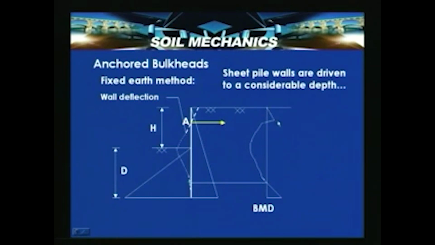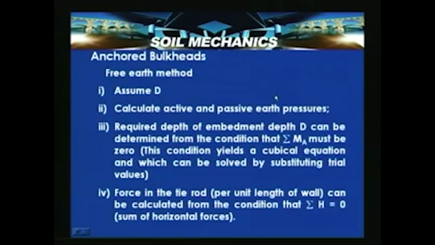This is the bending moment diagram, and this is the point of contraflexure where the bending moment is 0. In the fixed earth method, the deflection is shown like this, and there is no movement of the wall because the sheet pile walls are driven to a considerable depth.